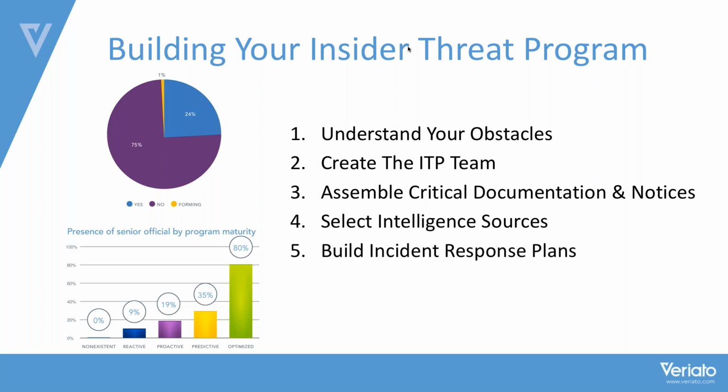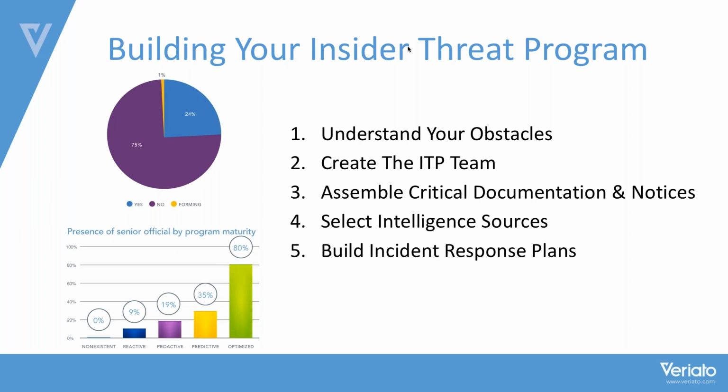And then the last one here is to have incident response plans around specific kinds of activity. We've talked about a couple of different scenarios throughout the webcast today, things like someone stealing information, someone who's thinking of leaving the organization, and maybe I'll add one on, someone who's put in notice and is already leaving the organization. You can expand from there to the things that are the most threatening to your organization.